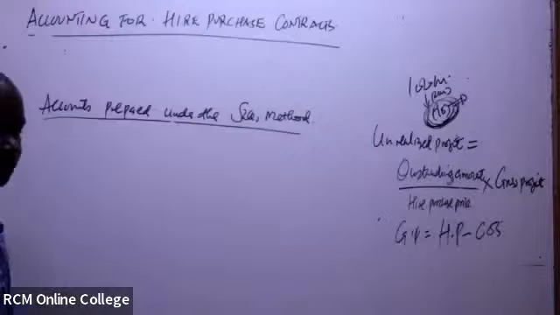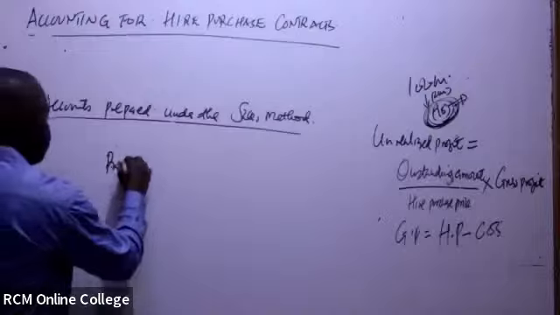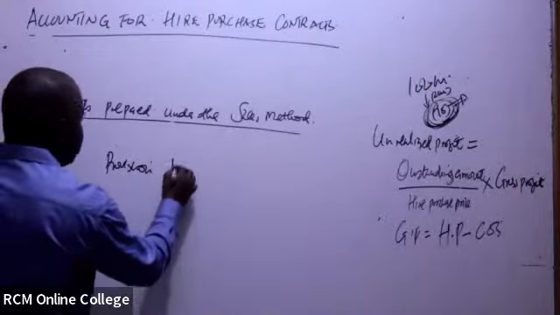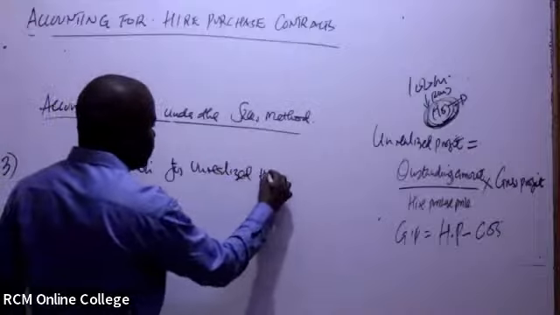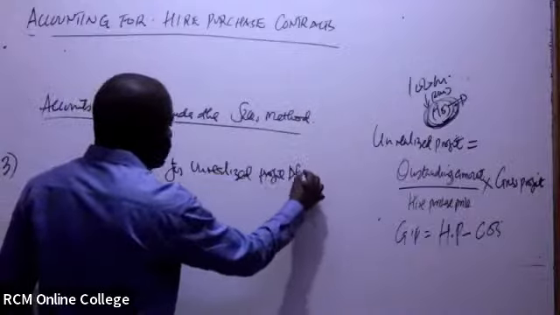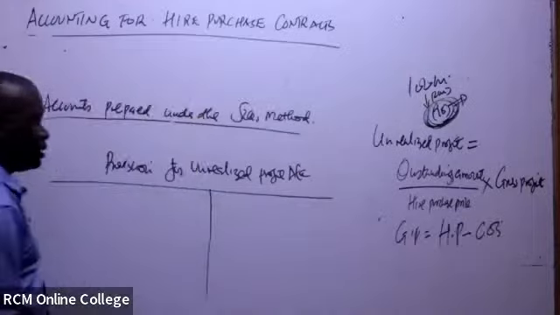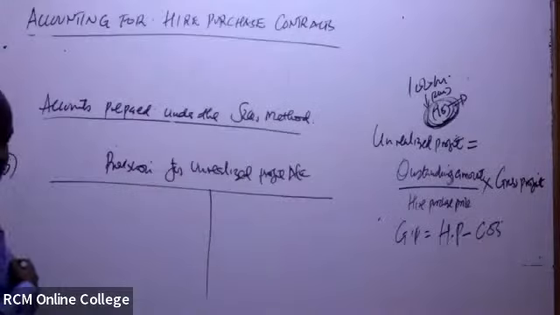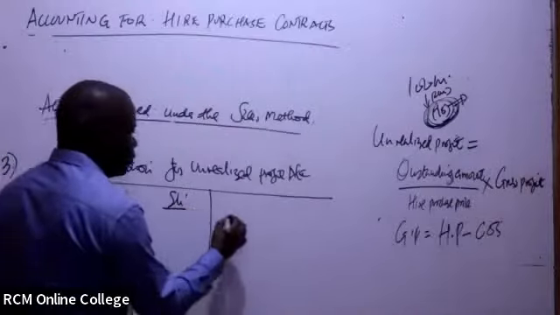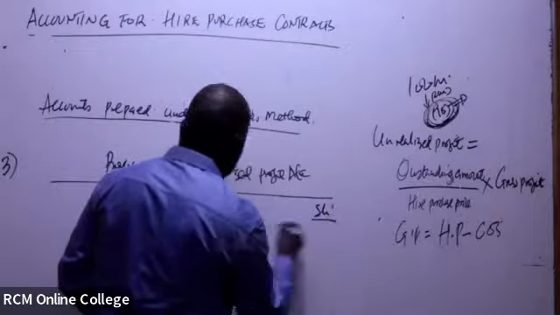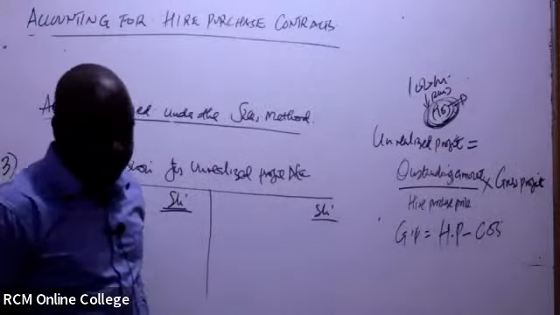And therefore, we can have another account we call the provision for unrealized profit account. So like that, we'll have shillings, and of course, we've already made that computation.